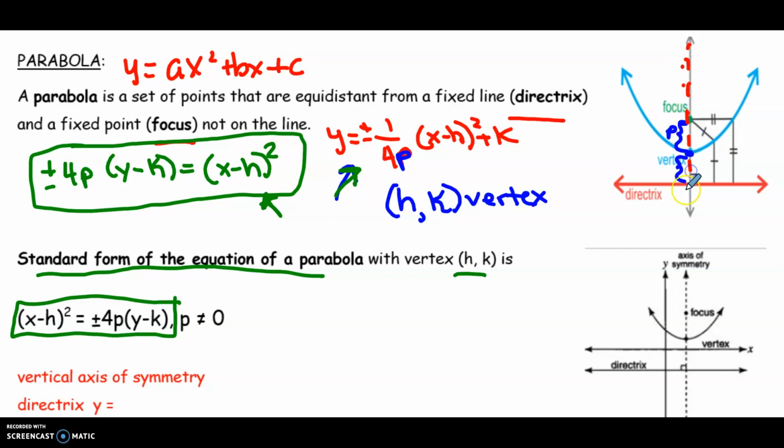So if I folded this parabola over this red dotted line, this red dotted line is called the axis of symmetry. The point, the focus, I could put that in green. So that focus always lies on the axis of symmetry. All right, so that's one bullet that you want to remember, okay?